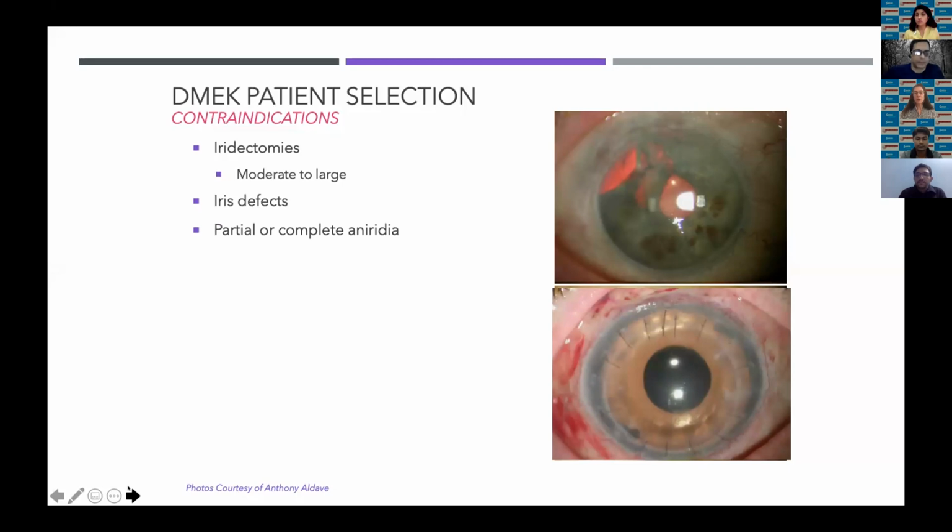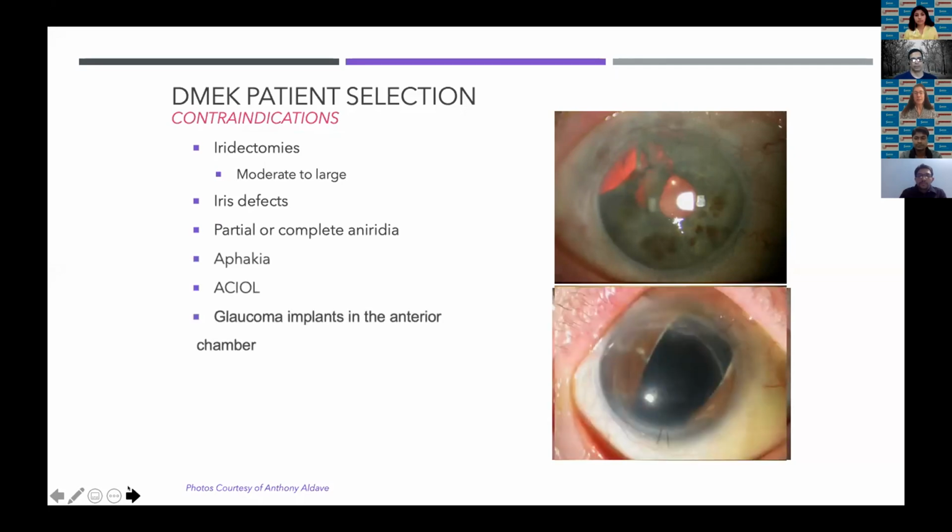If you have partial or complete aniridia, again, these are patients where I would really highly recommend that you don't do a DMEK.